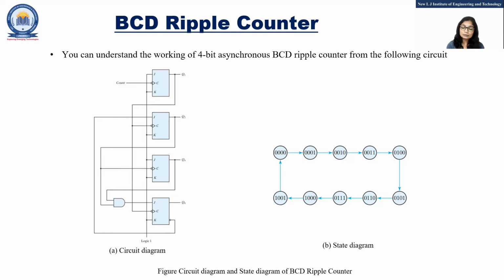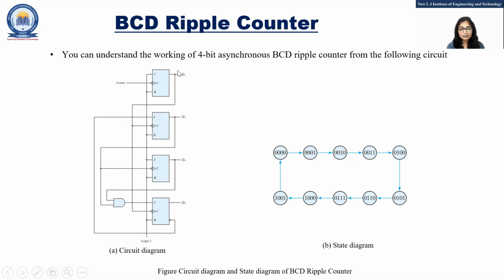Because as I told you, I want to reset this circuit at 1001. So this is the state diagram. Counting is starting from 0000 and will end up at 1001. I am applying this output in such a way that it will give the next state 0, 0, 0, 0.